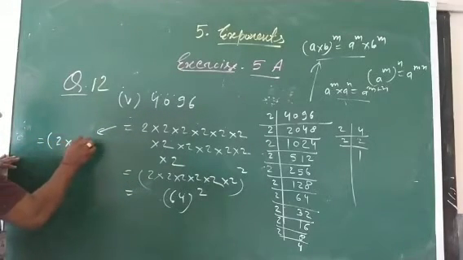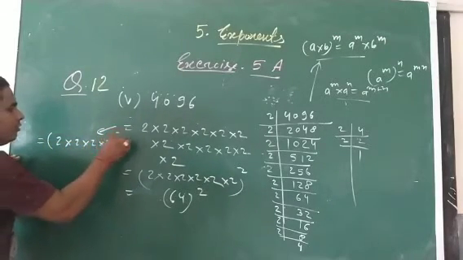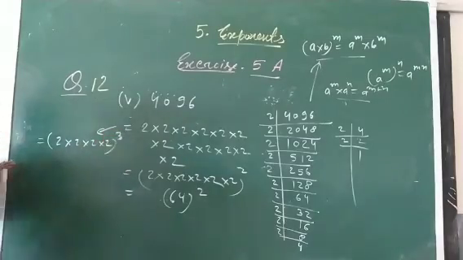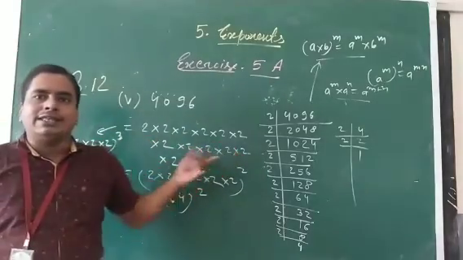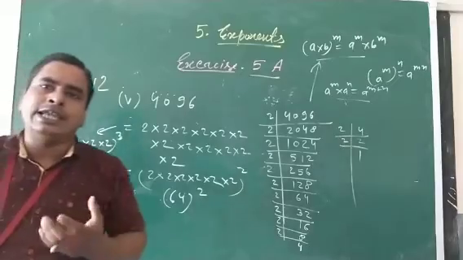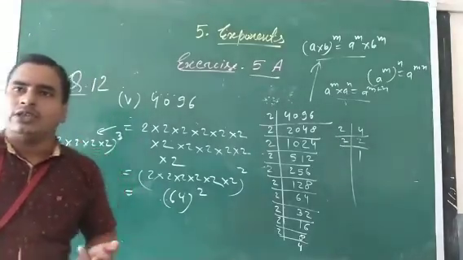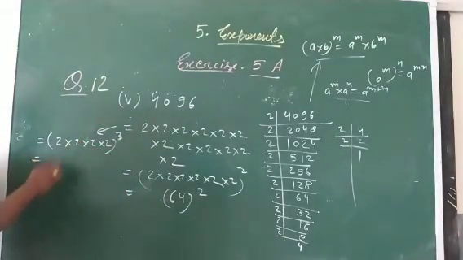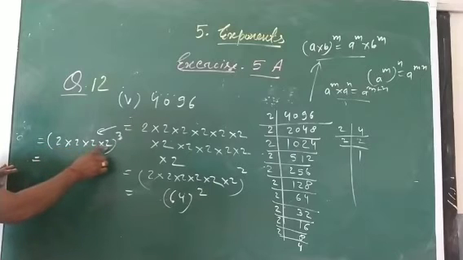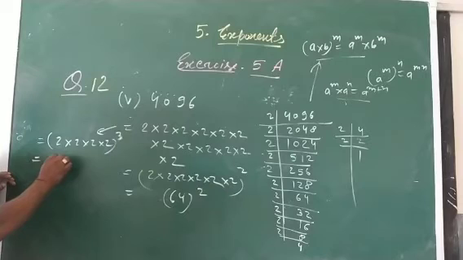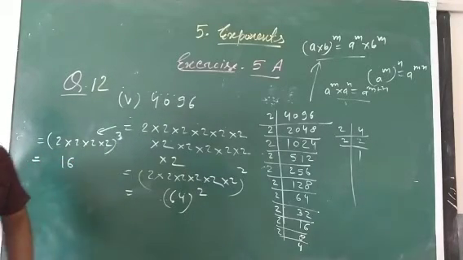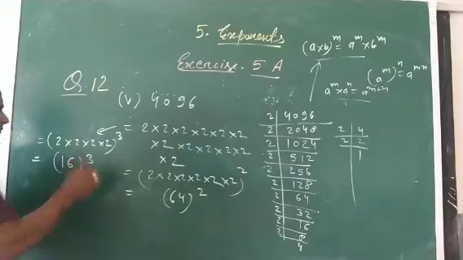So it means 2 into 2 into 2 into 2 to the whole cube. And we have to make a cube. What will we do? From all these twos we will take 4, 4 twos together, they will make a cube. So what is the value? 2, 4, 8, 16. So here you will get 16 cube.